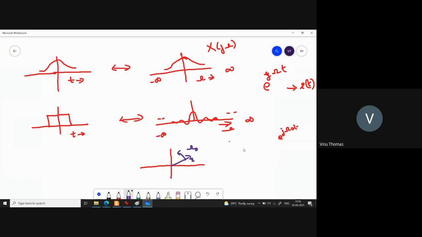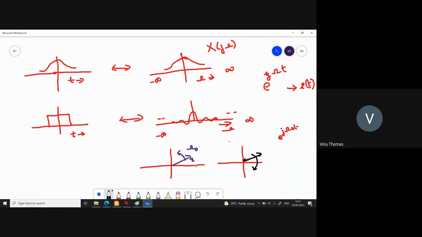Now, if the same phasor is rotating in the negative direction, let me look at another phasor that rotates in the negative direction. The negative direction will be the clockwise direction, where the angle goes from 0 degree to minus 90 degree to minus 180 degree to minus 270 degree to minus 360 degree.